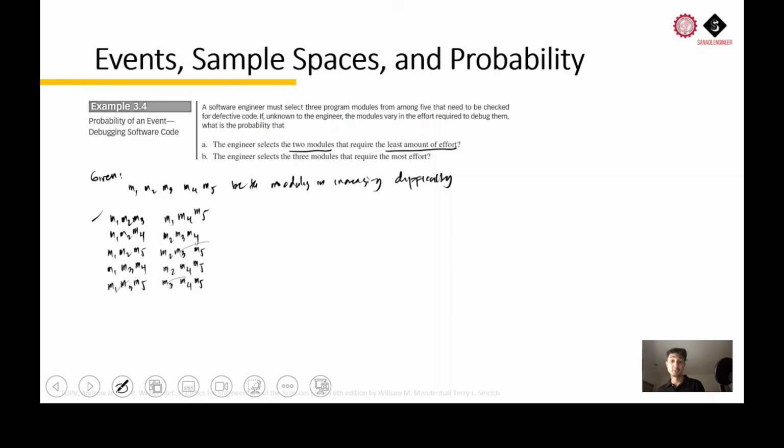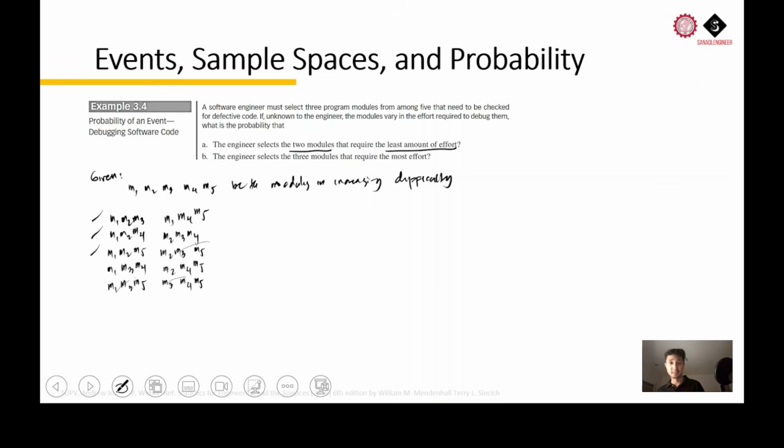It contains M1 and M2, the least difficult. We have also M1, M2, and M4. That's also another event that contains M1 and M2. And the last, of course, is M1, M2, and M5. So these are the only simple events that contain the two easiest modules to debug.